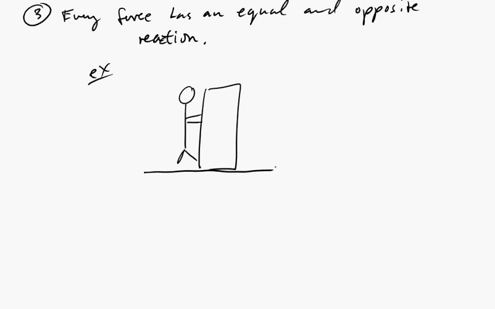If I apply a force, 1, going this direction, there is actually another force that is exactly the same being applied in the opposite direction, force 2, against me. And so with math, we would say force 1 is the opposite, but equal to force 2.